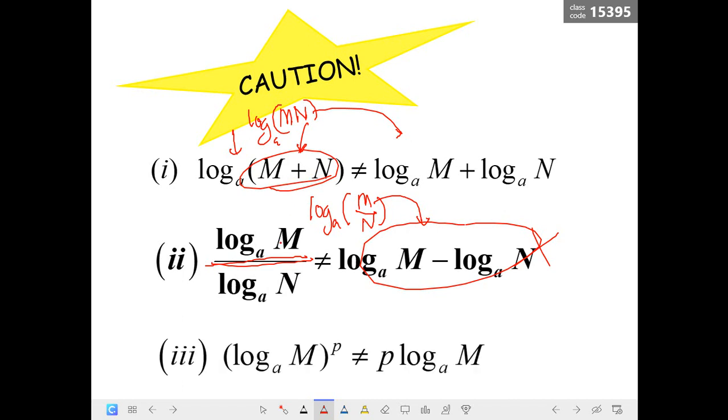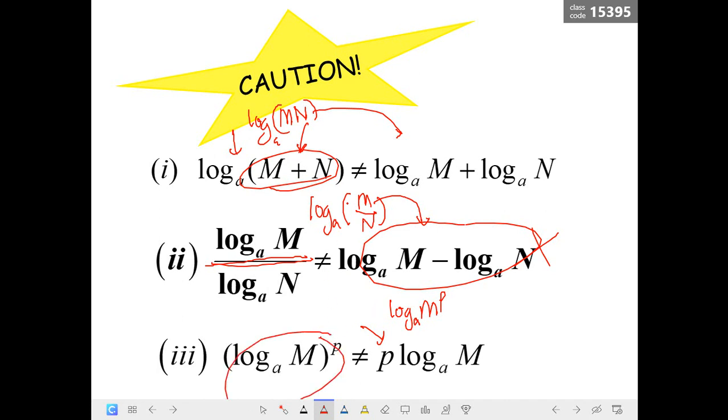The third case is when given the whole term log m to the base a to the power of p. You cannot bring p to the front because p belongs to the whole thing. This is not equal to p log m base a. This one means log m, only m to the power p, and then base a, and p can be brought to the front.